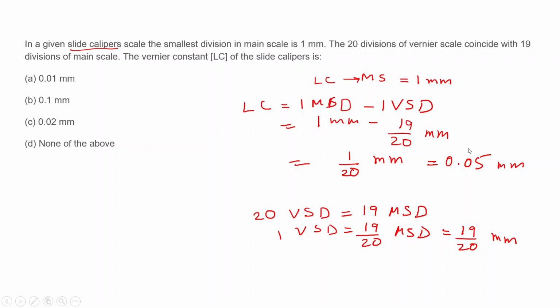That is when we measure the reading, total reading you're saying, right? That is one main scale reading minus one vernier scale division into least count. That formula is for total reading. Okay.